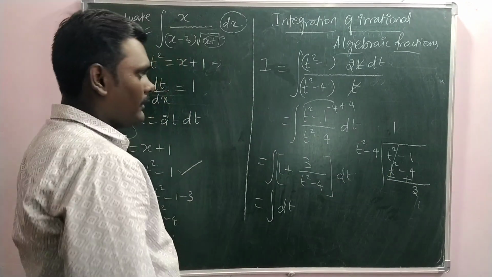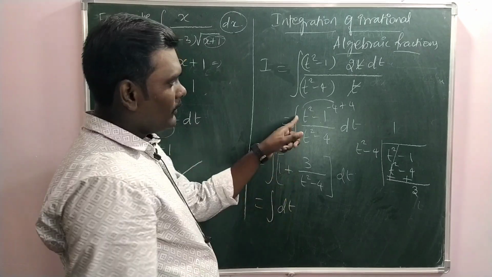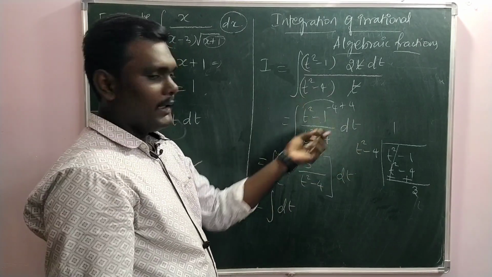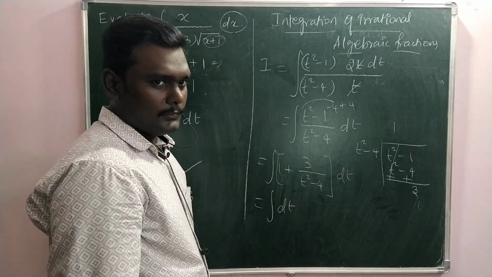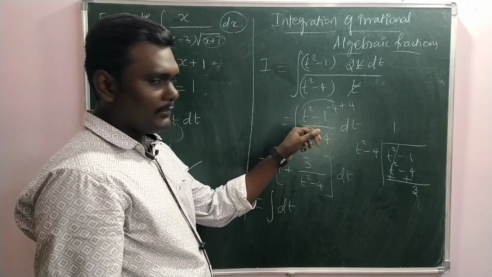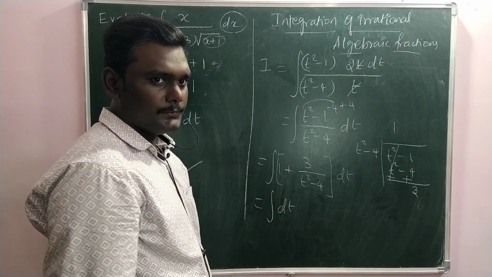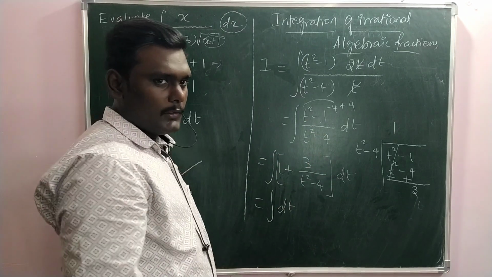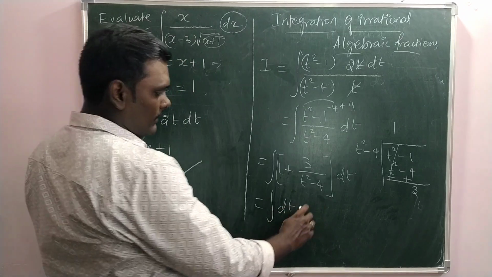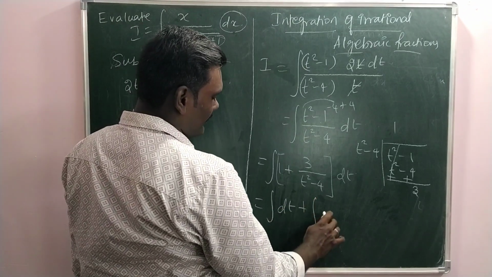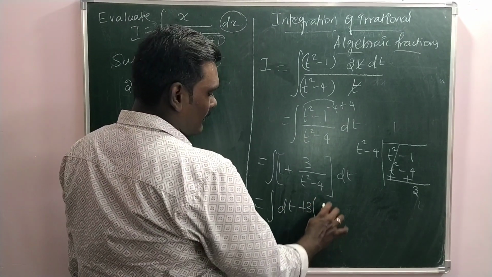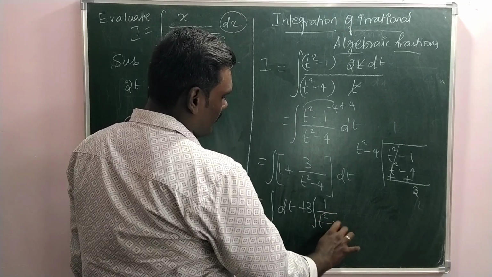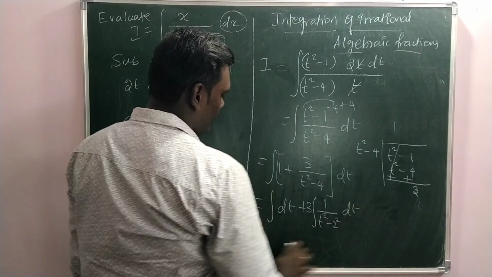See, here it is purely quadratic, so you have this idea. Suppose it is not pure, and x terms, t terms and all are there, how can we do it? Only division is possible. So here the integral of dt plus the integral of 3, which is a constant, we can keep as is, 1 by t square minus 2 square into dt.